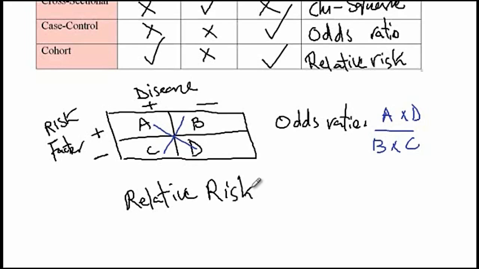Relative risk is the risk of developing that disease in patients who are exposed to the risk factor versus those that are not exposed to the risk factor. So it would be equal to A divided by A plus B, and then this whole thing divided by the risk in those who are not exposed to the risk factor, so C divided by C plus D.